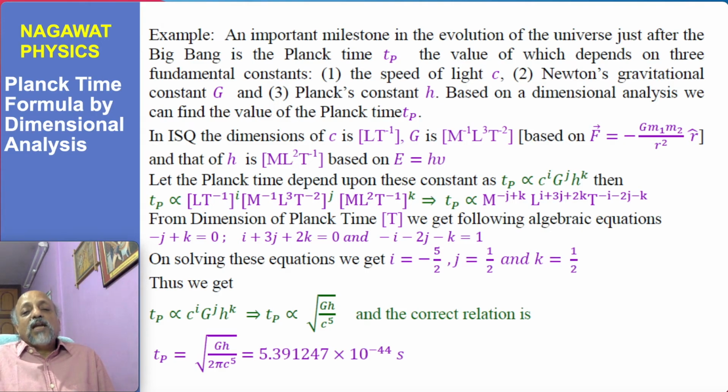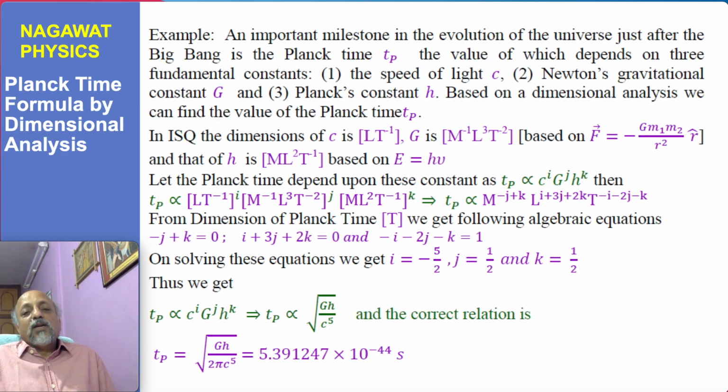But to understand that in better terms, you need to understand the Big Bang theory of cosmology. But without understanding the Big Bang theory of cosmology, I can make out what can be the relationship of Planck time in terms of three other fundamental constants.